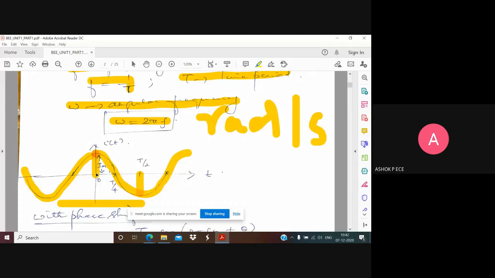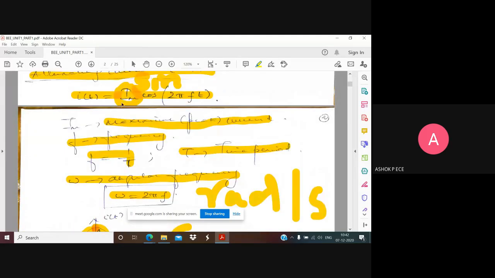On the positive side you have 0 to IM, and on the negative side you have 0 to minus IM. But we don't put 2 IM, we just put IM to indicate that this is my peak value of current. So one parameter in alternating current is the peak current or voltage.